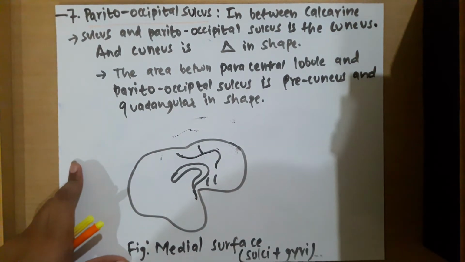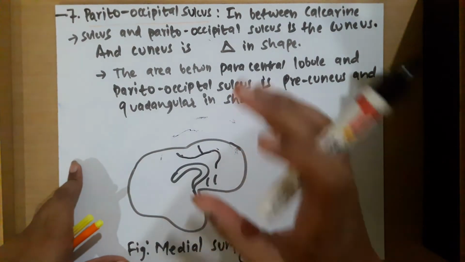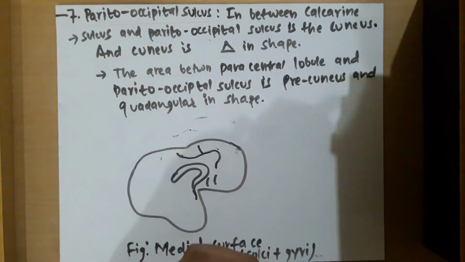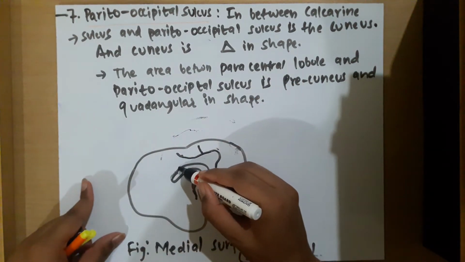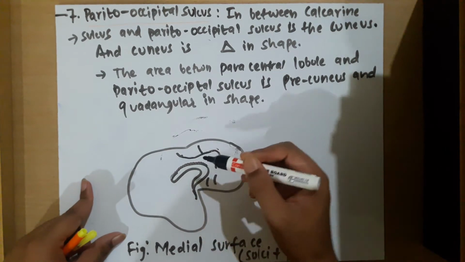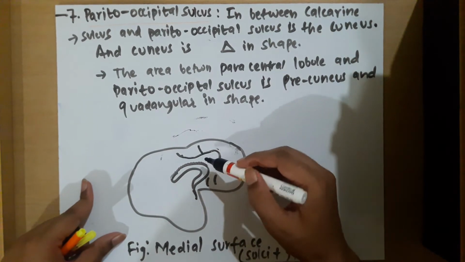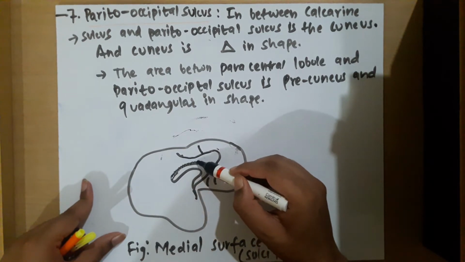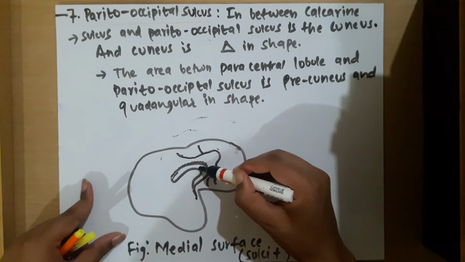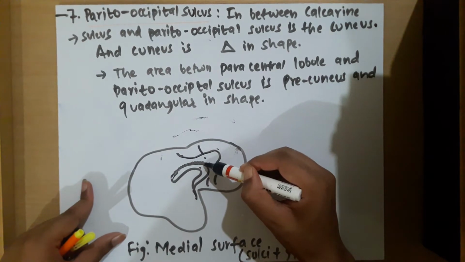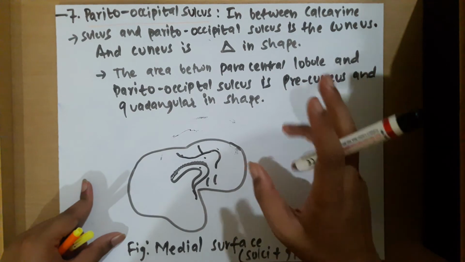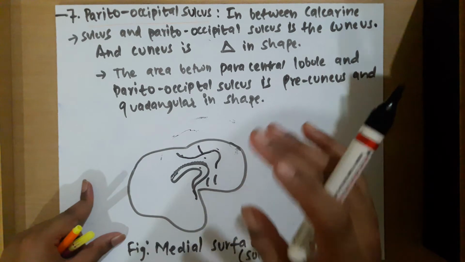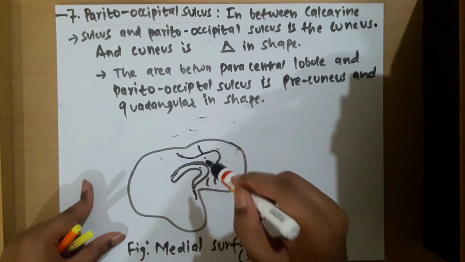Okay, and we told that the callosal sulcus is over the corpus callosum. So the callosal sulcus is over here, and this is the cingulate gyrus. The callosal sulcus is separating the corpus callosum from the cingulate gyrus, isn't it? We have written in the note that the callosal sulcus runs over the corpus callosum and separates it from the cingulate gyrus.